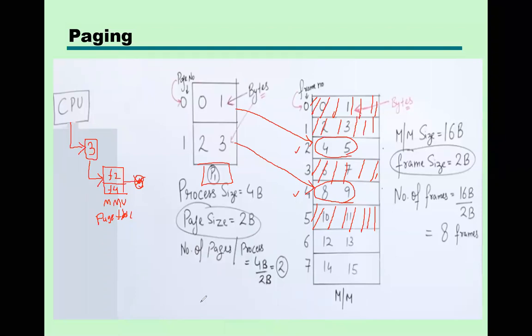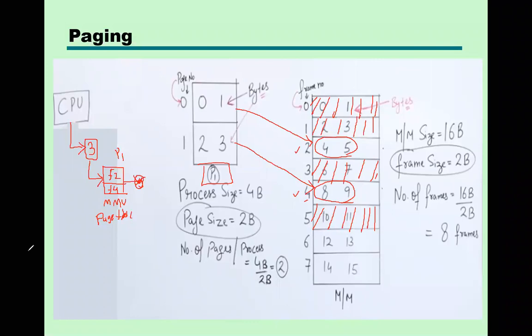Every process has a page table. So this P1 process has this page table, and while loading this information into the main memory, we write into the page table that the first 2 bytes we loaded at frame number 2, that's why F2 is available, and the second 2 bytes, that is bytes number 3 and 4, are loaded into frame number 4. So F4 is available. The page table has this information.